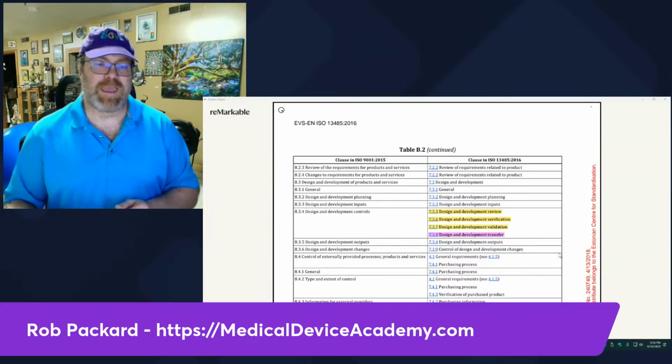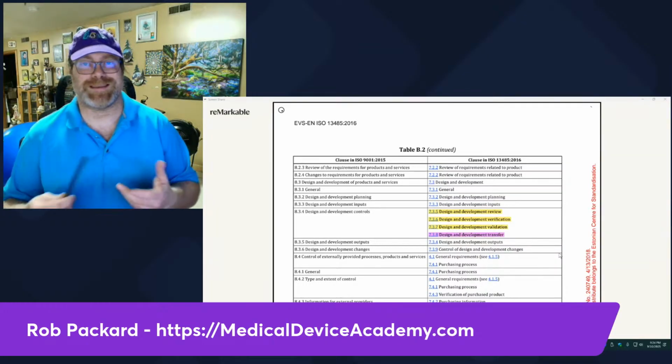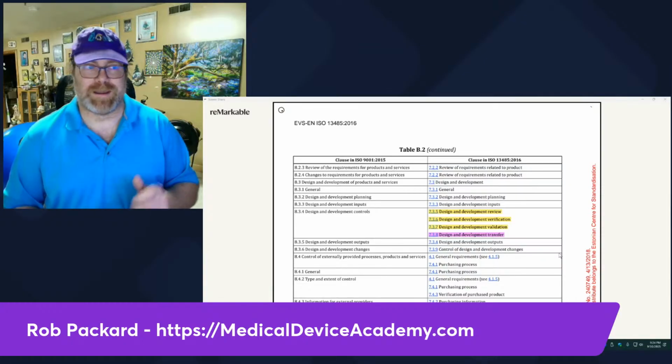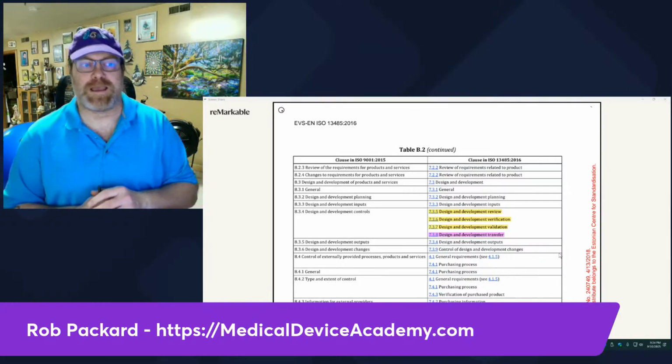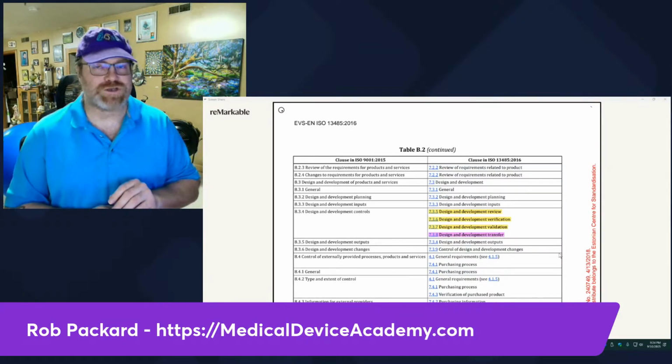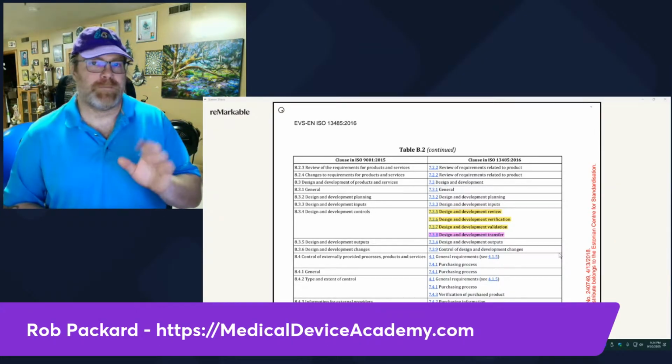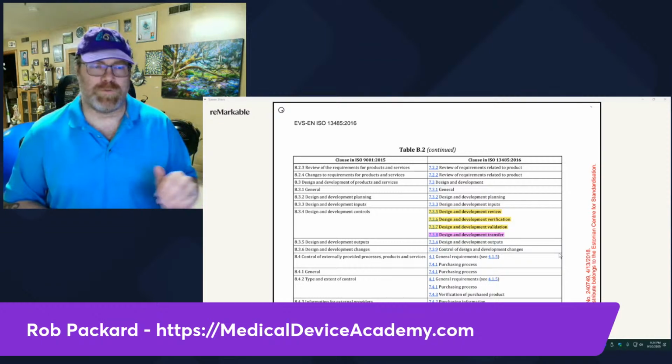And then the FDA made design controls required in 1996, and they said republish with permission from Health Canada. So that waterfall diagram that you've seen that was actually developed back in 1910, that was copied with permission from Health Canada, who copied all the wording from the 9001 1994.